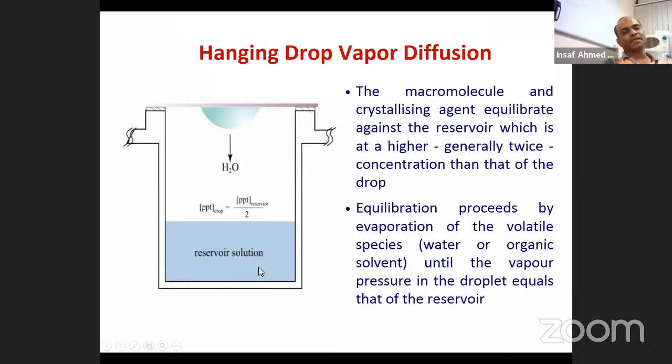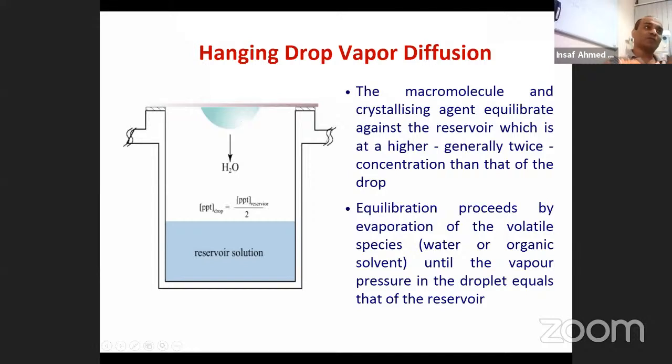Suppose I have kept 4 molar NaCl here as the precipitant. Now you take the cover slip to cover this well. On the cover slip, you put 1 microliter of protein, and take 1 microliter of this reservoir and mix with the protein. What will be the concentration of the NaCl in this drop?